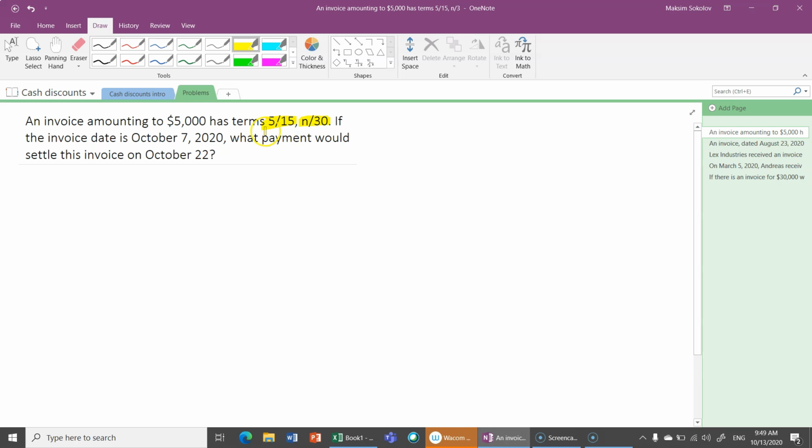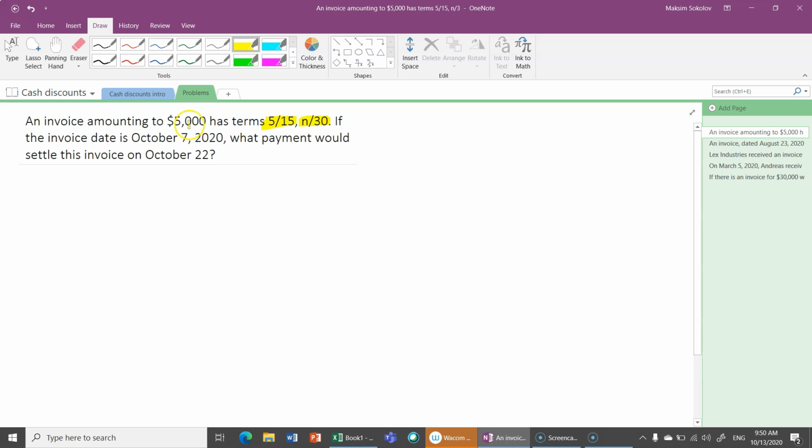What this means is that if the invoice is paid within 15 days, a 5% discount will be given. And if the invoice is paid within 30 days, but after 15 days, so on day 16 and later, up to and including day 30, it's net price that must be paid.